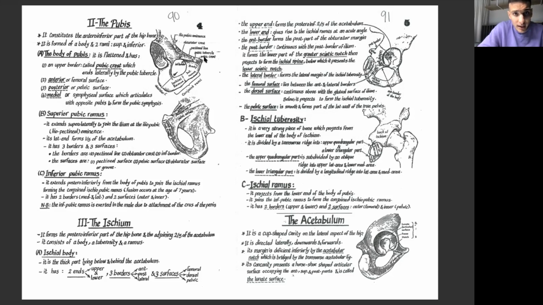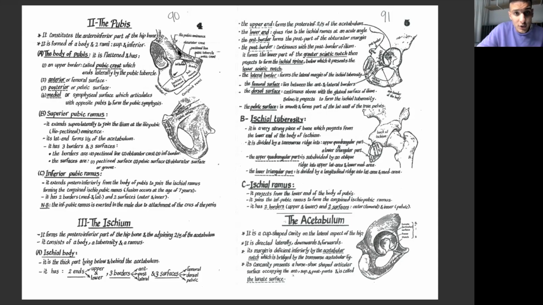Remember, the pectineal line and the pubic crest are part of forming the pelvic inlet anterior border. Then you have the pubic tubercle, which is also an important place for the attachment of the inguinal ligament that we will study in the future.